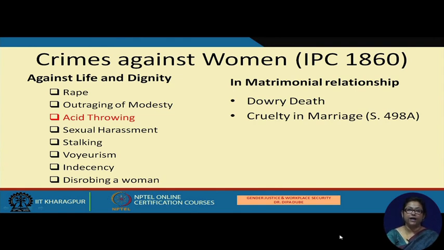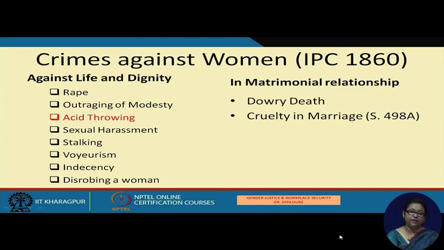The one on acid throwing has been listed in red for the simple purpose that it, as conceived and defined in the Indian Penal Code, is not a gender specific offence, but a gender neutral offence. Whoever uses acid etc. to perpetrate harm on the other, a form of grievous hurt, becomes liable for the offence.